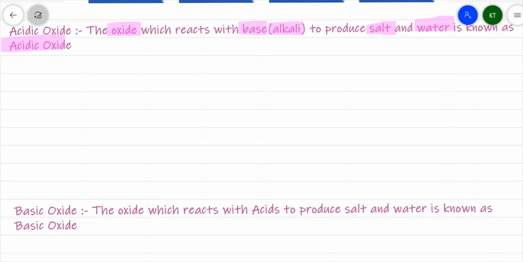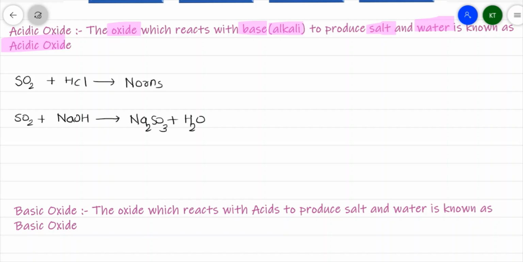Now I'll take sulfur dioxide. I react sulfur dioxide with HCl, and I react sulfur dioxide with NaOH. When I react with HCl, there is no reaction. But when I react with NaOH, I get Na2SO3 as a salt plus water.